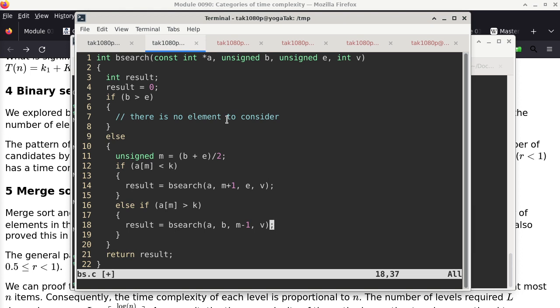It depends on the number of elements and how the values are arranged, but you can potentially end up in an infinite loop if you forget the plus 1 of the M plus 1, or the minus 1 of the M minus 1. So it's really important, this plus 1 and the minus 1, because if you don't, sometimes it works and exits with the right answer, and other times it doesn't.